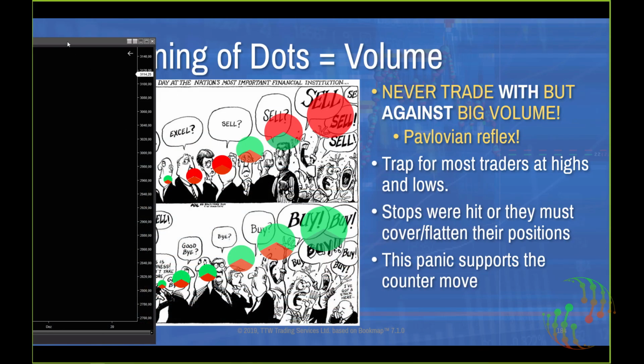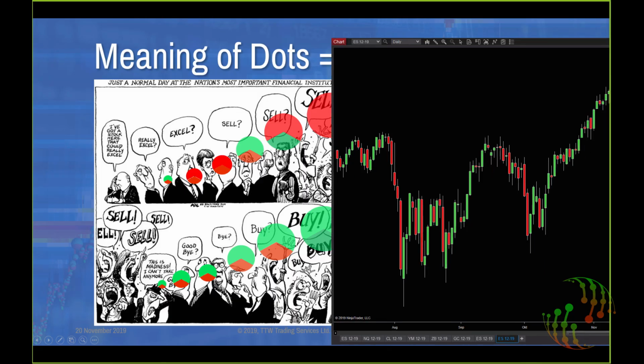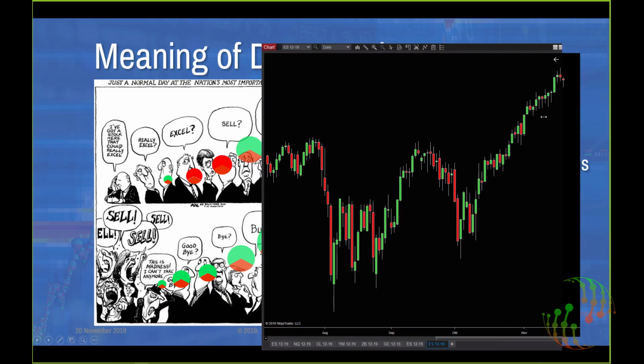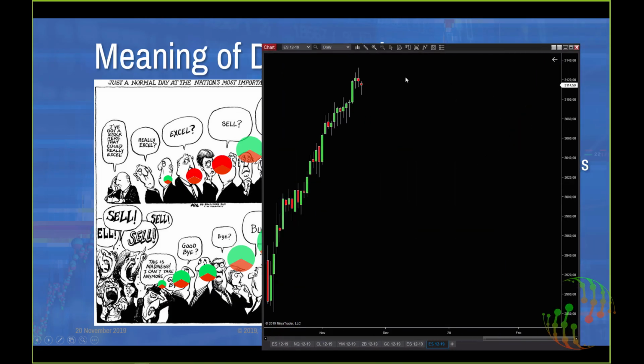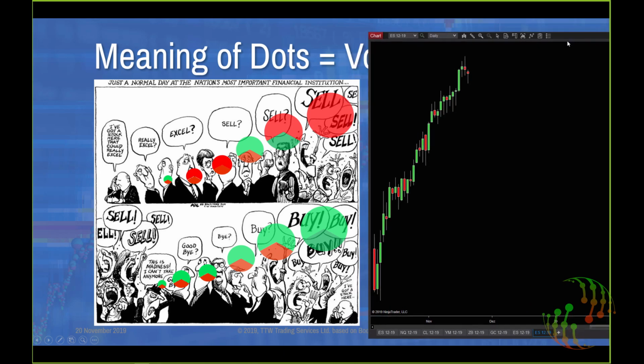You can compare this behavior. You can compare this up move. You see how fast it goes up. Absolutely scary, because we need a good or decent retracement, pullback here.